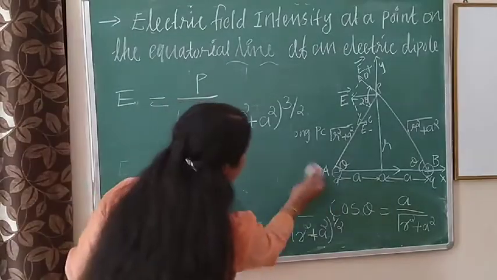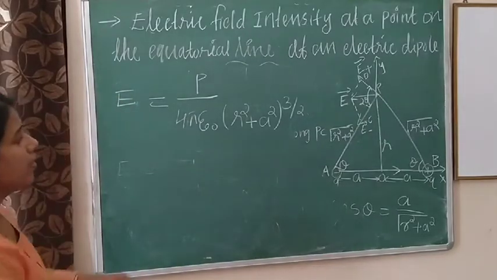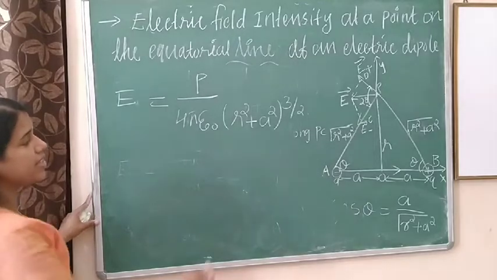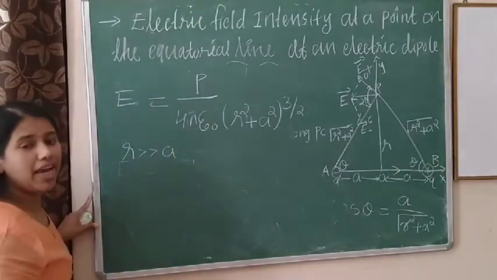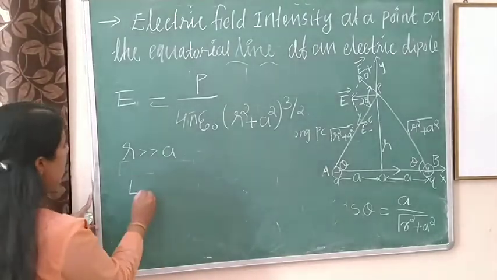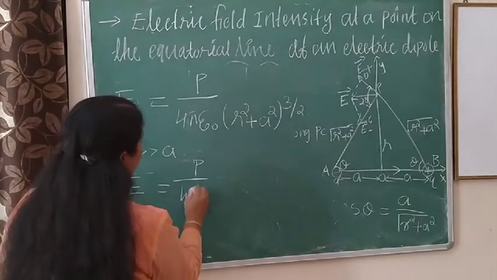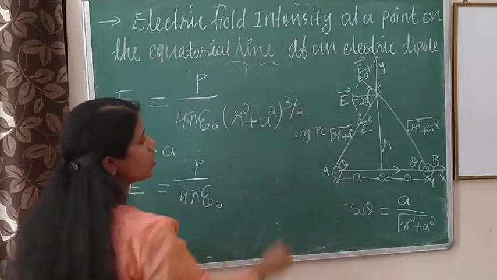Then one more case, which most textbooks have given. R is greater than A, so we can neglect A. Then we get E equal to P divided by 4π epsilon naught, R² raised to 3 by 2.